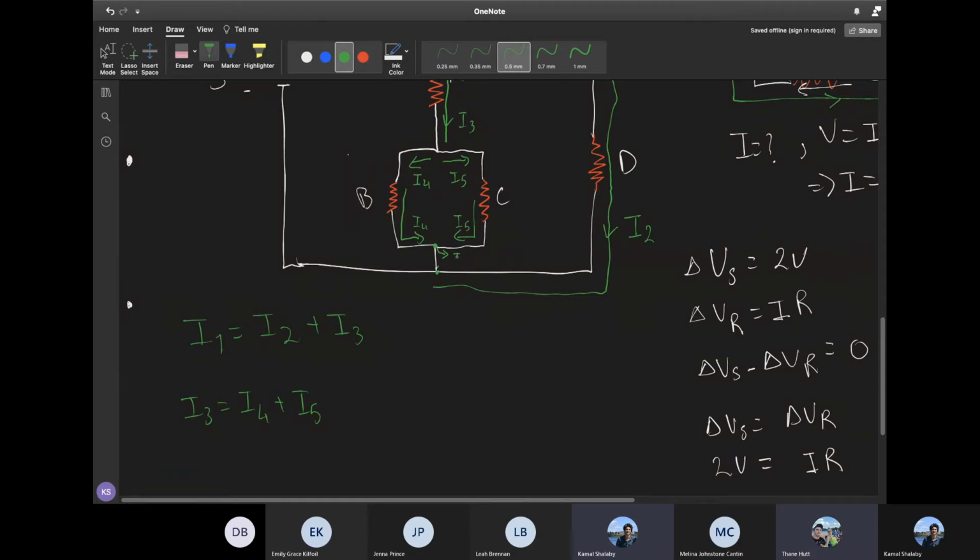It's coming out of B and C, so it's just going to be equal to I3, right? Yes, indeed, because it's just I4 plus I5 getting combined together, giving us the I3 that we had before. So here we have I3.